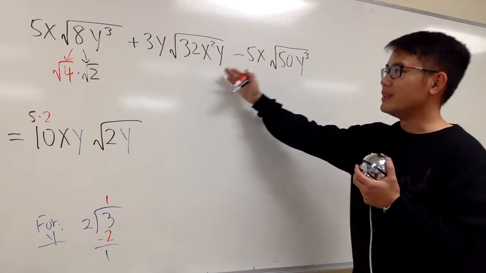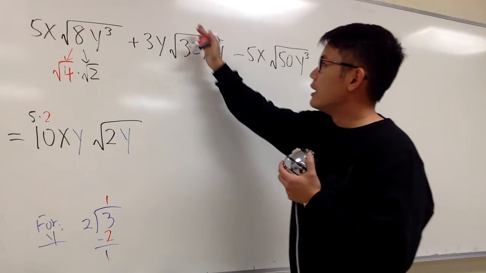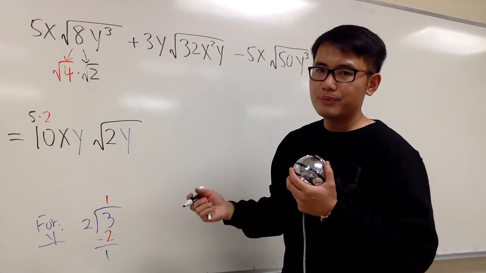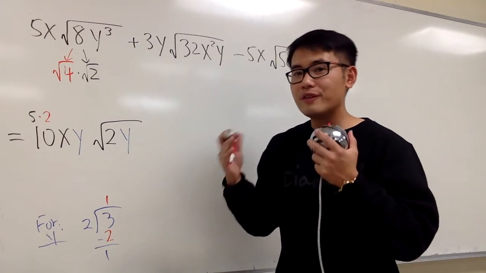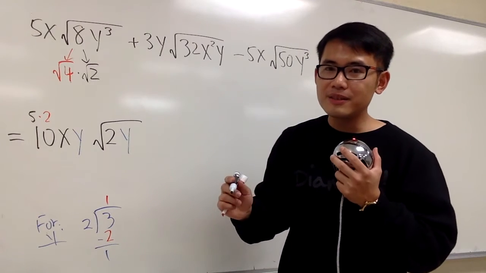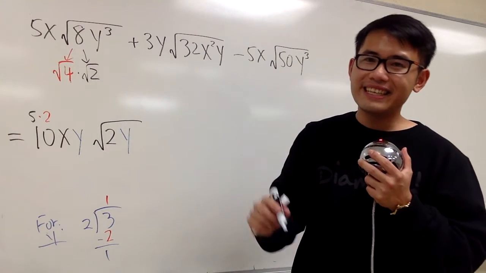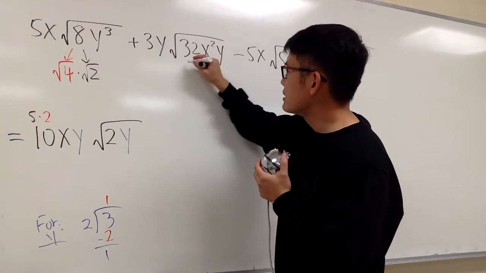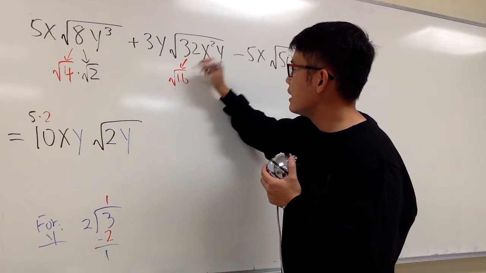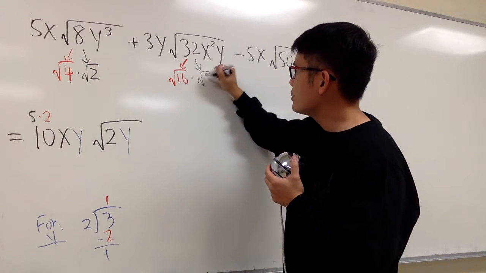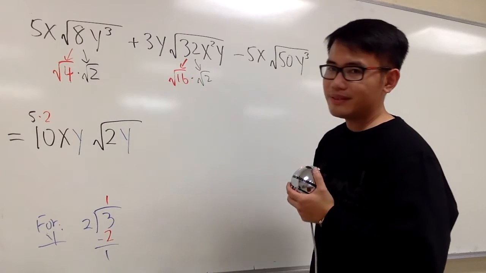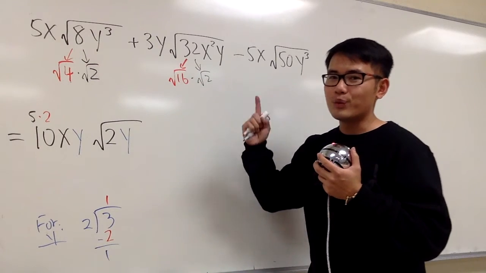And now let's move to this one right here. Square root of 32, what times what? You can use 4 times 8, but it would be better if we used 16 and 2. So I'll break this down as square root of 16 times square root of 2, because this way I can just finish it in one step.